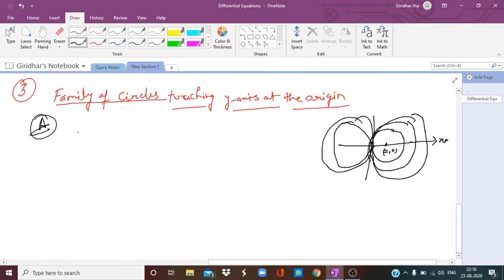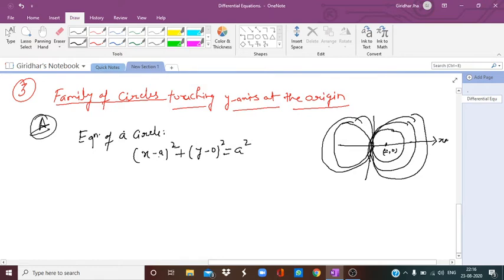So what is going to be the equation of the circle? The equation of a circle, in center radius form, will be x minus a whole square plus y minus 0 square is equal to radius square. Fine. Here a, 0 is the center of any circle from this family, and I took radius a.